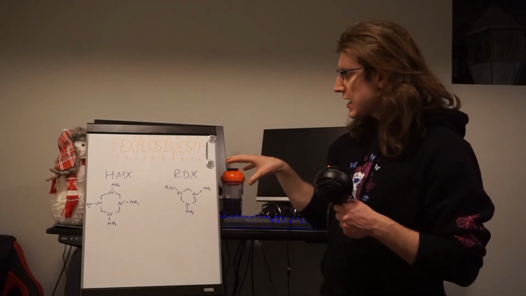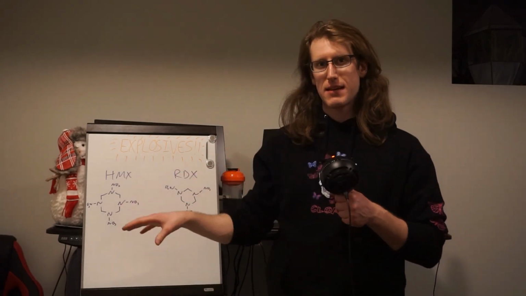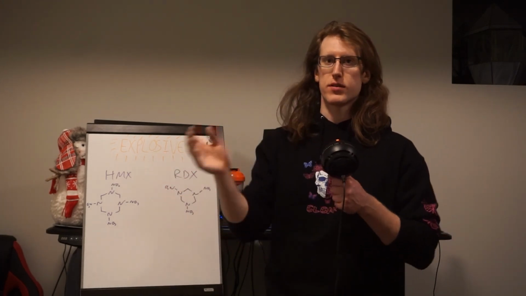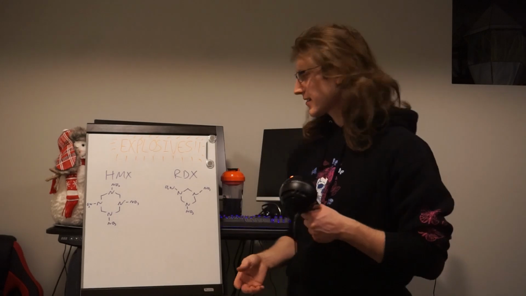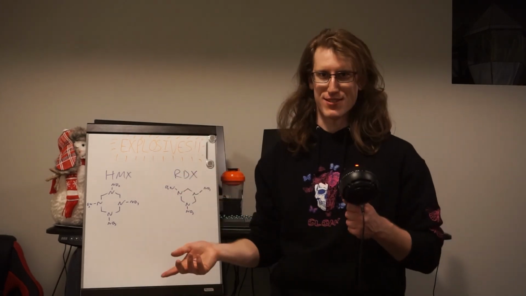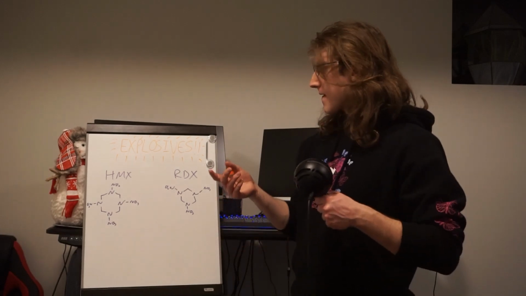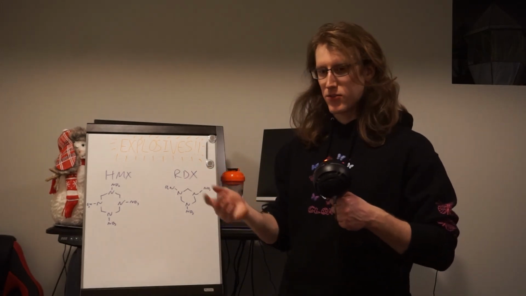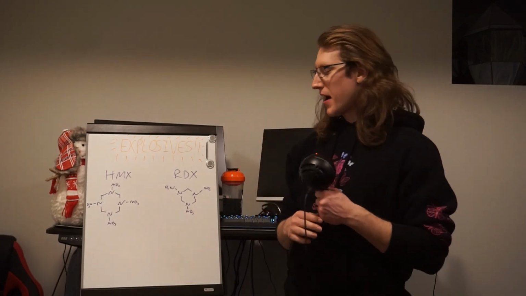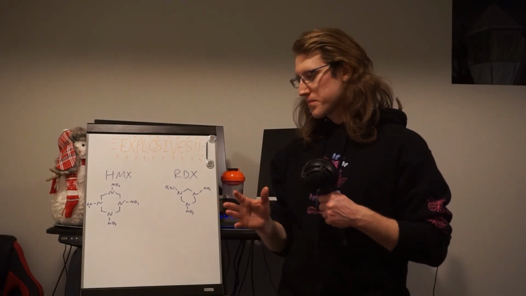Real deadly explosive. It's just a random acronym that they made so people wouldn't be able to tell the structure just from the name, like they could with nitroglycerin and TNT. So that's why those are named that. And then obviously the X is for explosive. I'm calling them heavy metal explosive and real deadly explosive. You can do whatever you want. You can't stop me. Not with all these explosives I'm going to make.